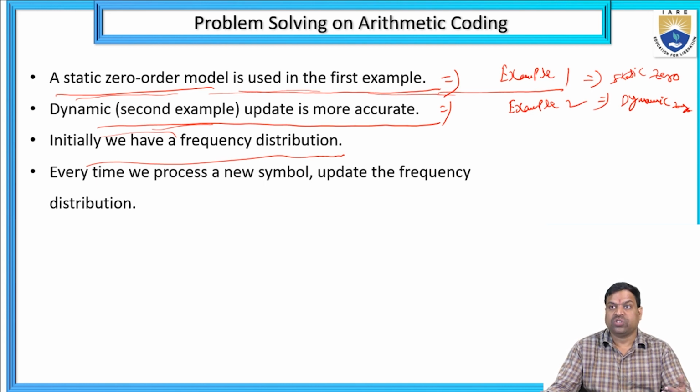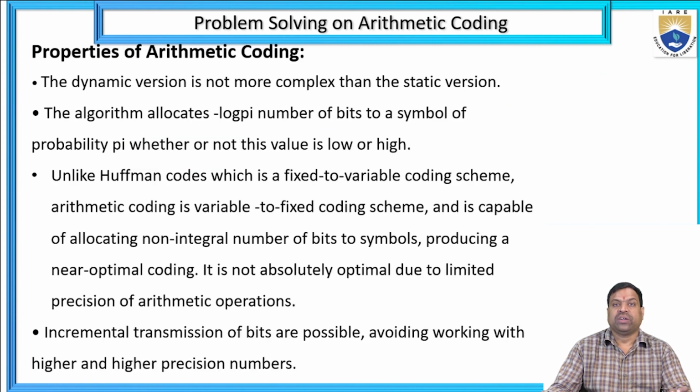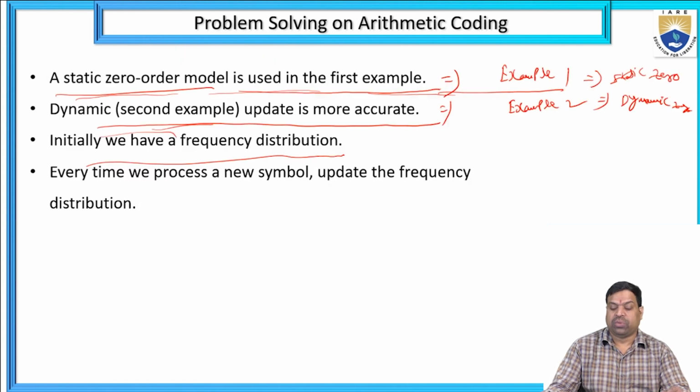In the next examples we discuss static and dynamic distributions briefly. What are the properties of arithmetic coding? The dynamic version is not more complex. Here static and dynamic, two are there.